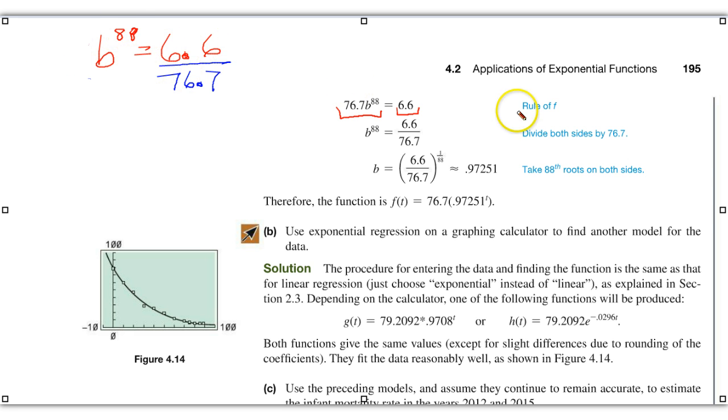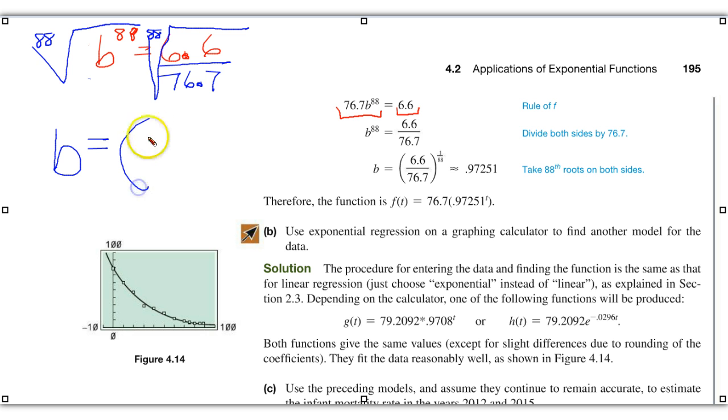And how do we get this? Well, we're going to take the 88th root of this side and the 88th root of that side. But the convenient way to do it, of course, this then becomes just b, is to take this and again the exponent here is 1 on top, and then our index number of our radical sign becomes our denominator.